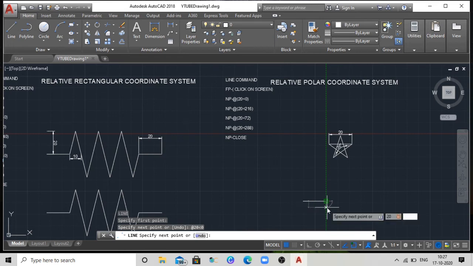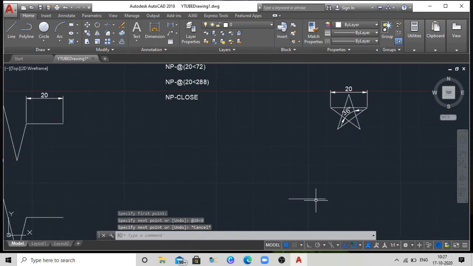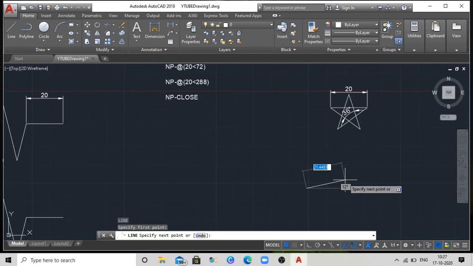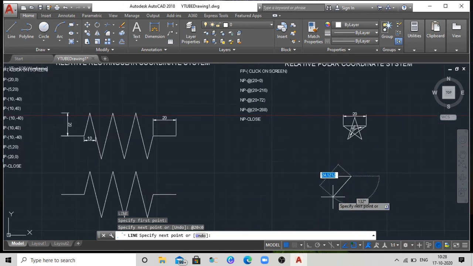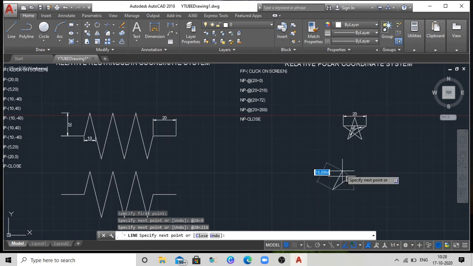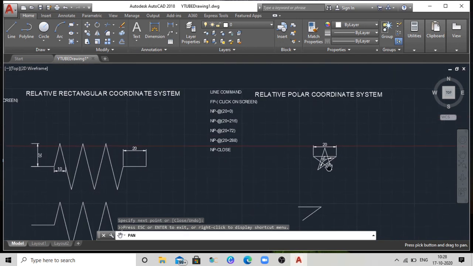I forgot to take, we'll start again, delete the line command. @20<0, then we will take shift @20<216. How did I get the 216 angle?